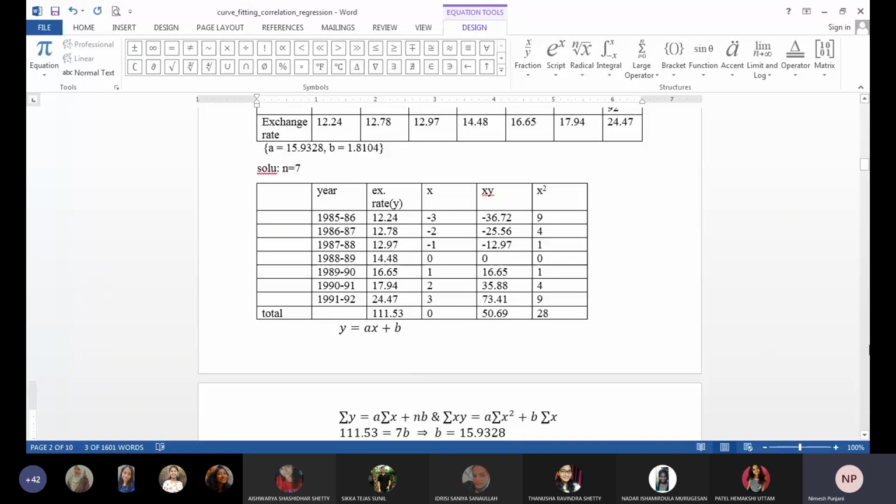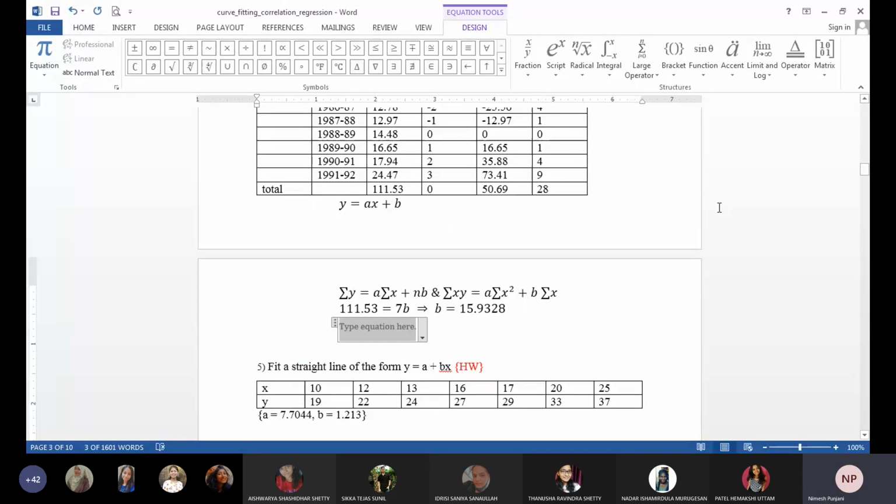And from the second equation, you get summation xy, that is 50.69, equals 28 into a. Because there your b term becomes 0, since b is multiplied with summation x. So you will get the value of a as 1.538104.